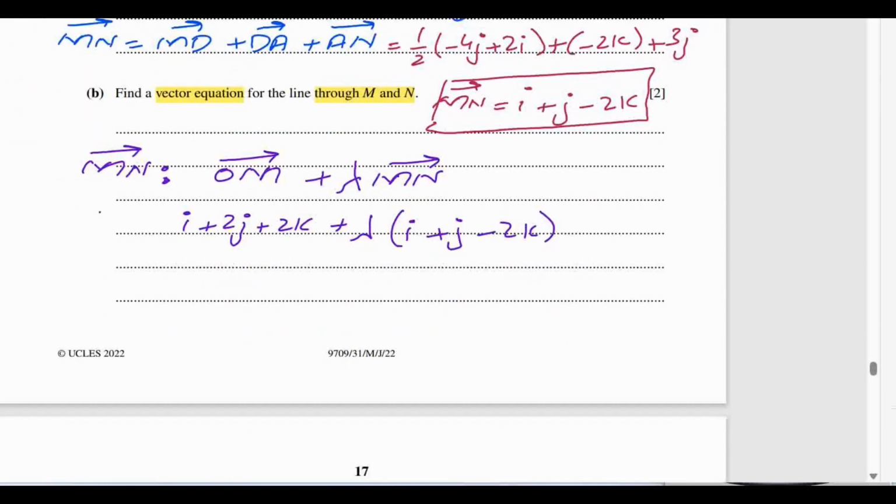So now we can write it as 1, 2, 2 plus lambda 1, 1, minus 2. So this will be equal to what? This will be the final answer. In the vector form you can write it like this, and in the column vector form you can write it like this. So this will be the final answer.